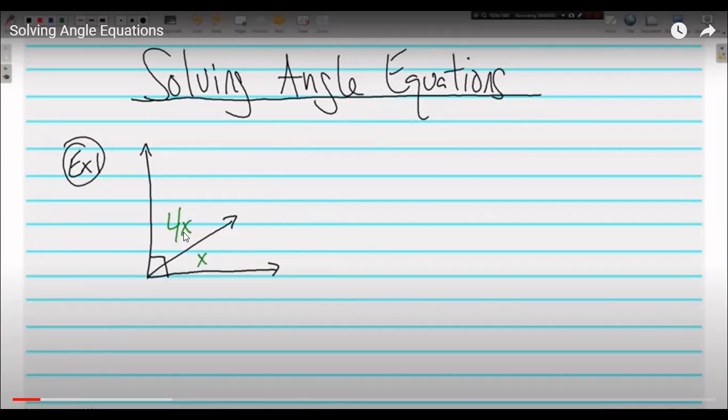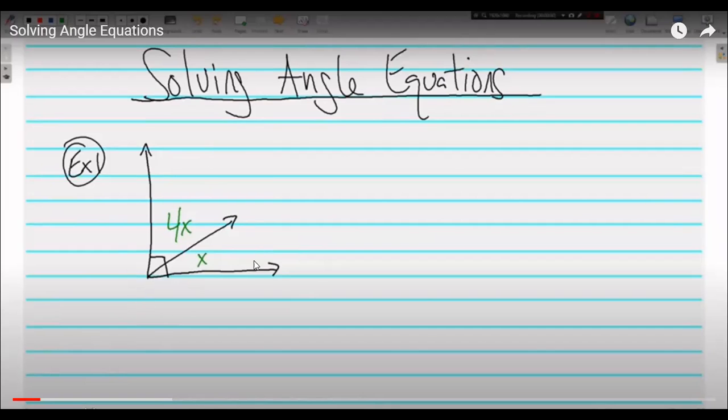Then we can describe those two angles. What is the relation between the two angles in front of us now? They are complementary angles. Yes, they are complementary angles, and their sum will be equal 90 degrees.